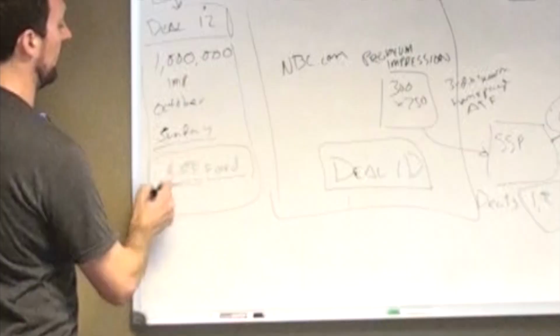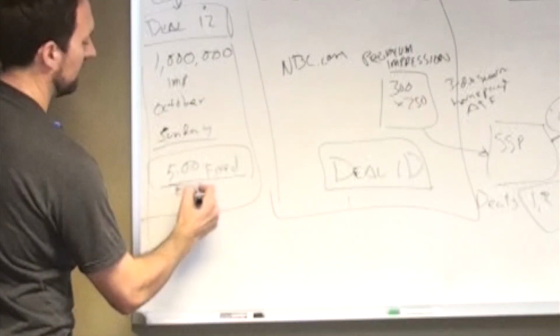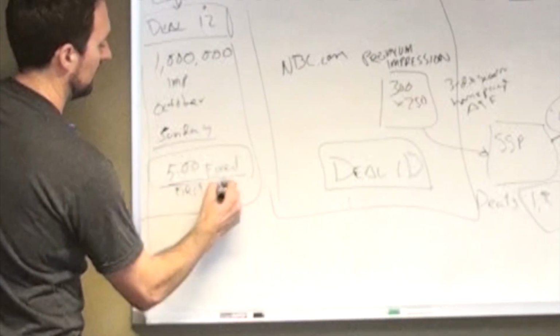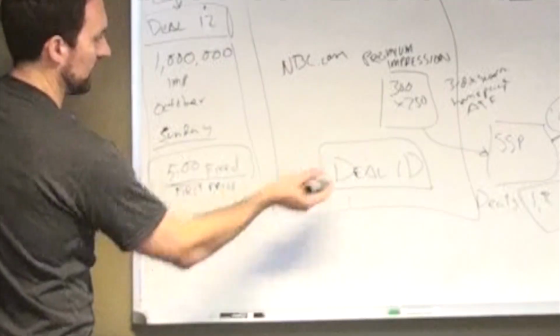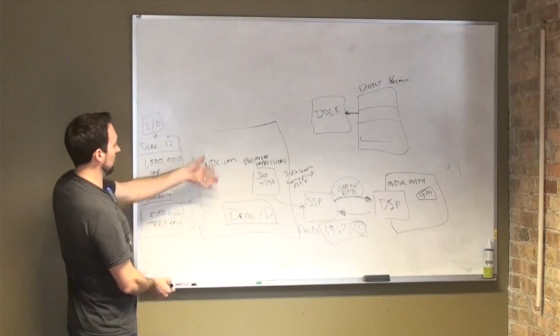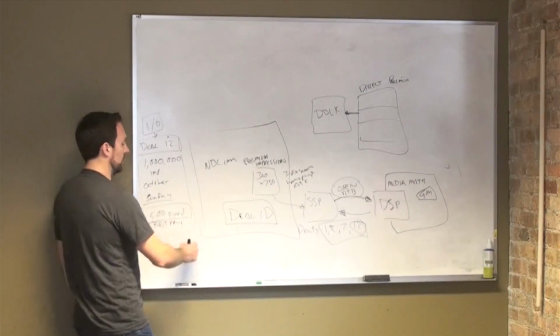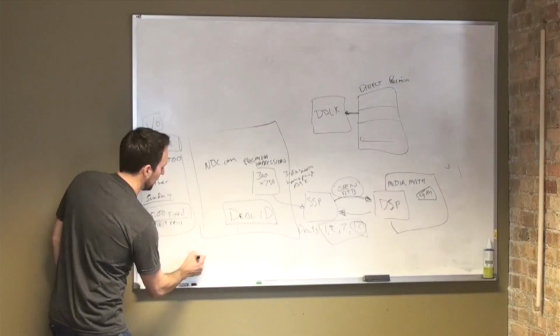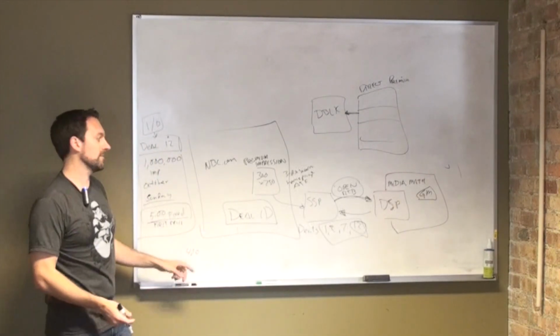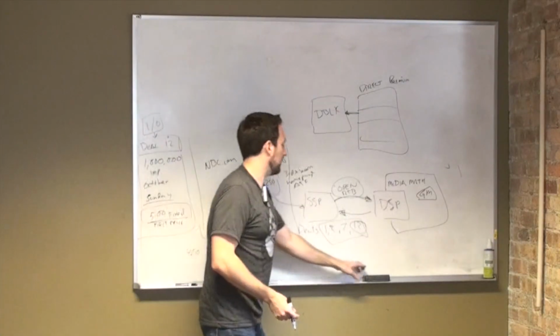This would be like a first price. Assuming GM came in at $5, they'd win this every time. But if they came in at $4, they'd have to compete. They'd still probably win. $4 is a pretty good price. But there's other kinds of deals.